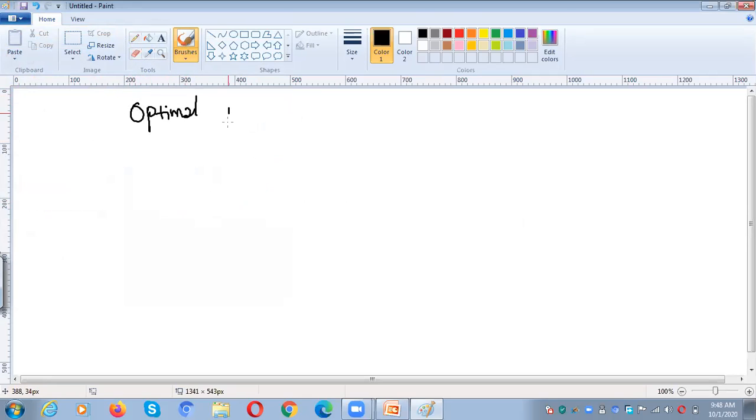Optimal page replacement algorithm. So what is optimal page replacement algorithm? In the case of optimal page replacement algorithm, again you are given one reference string. What is the reference string?